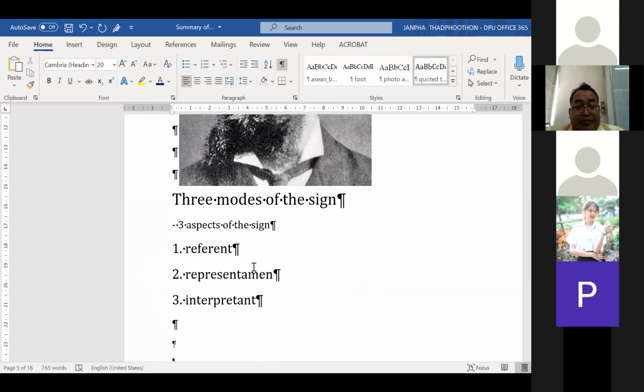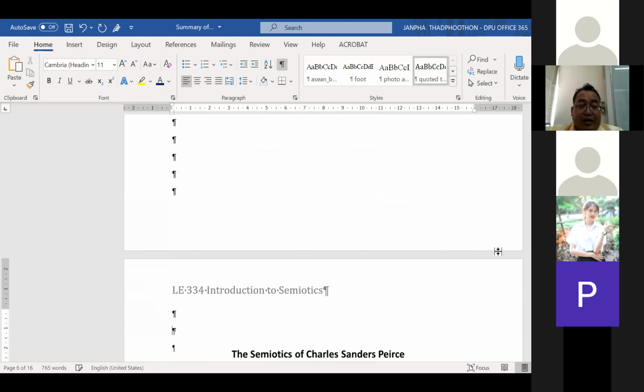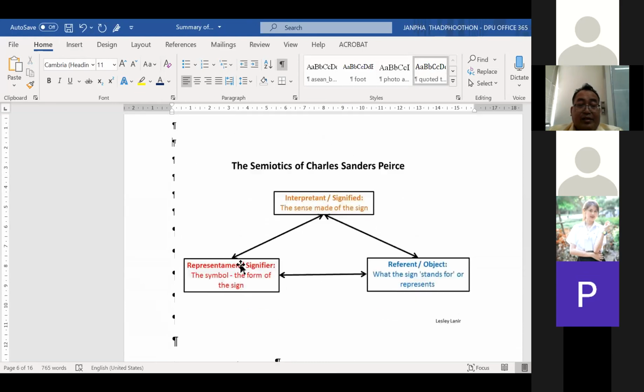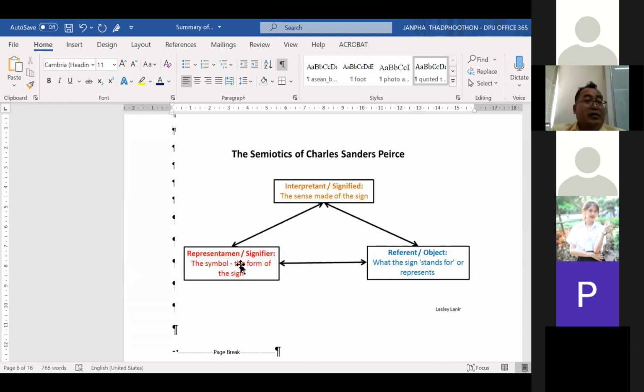What is a referent? Now you can look at this diagram. Can you see the diagram, right? In order to understand the theory proposed by Peirce, you need to have some background of the model proposed by Saussure.